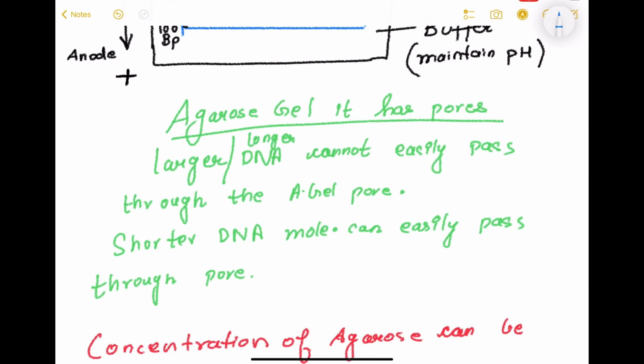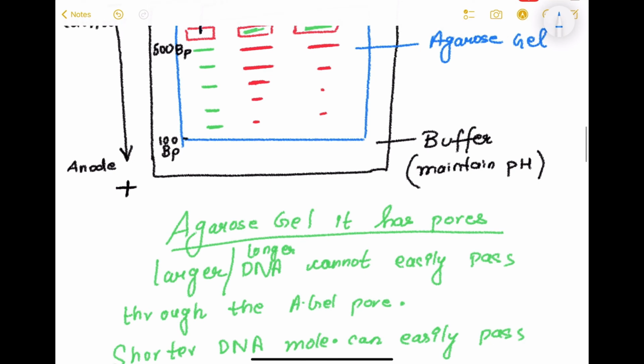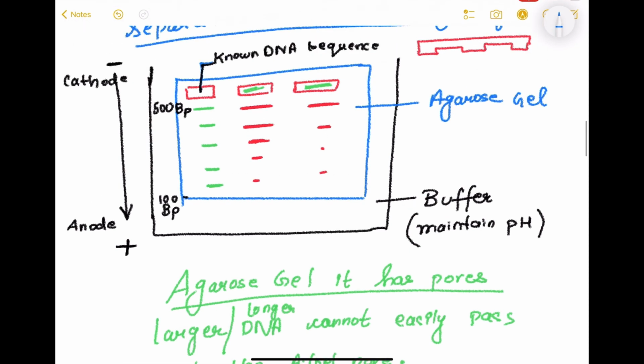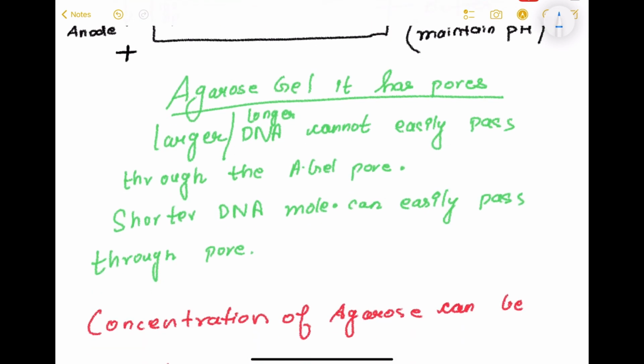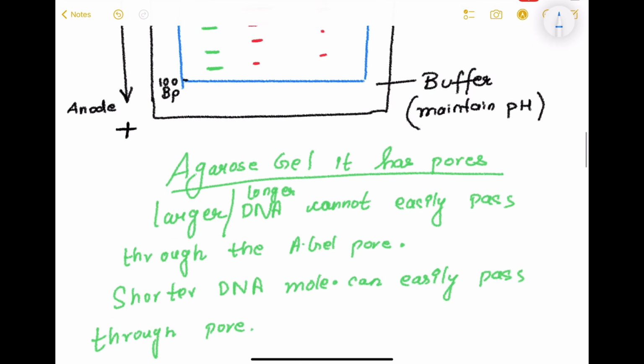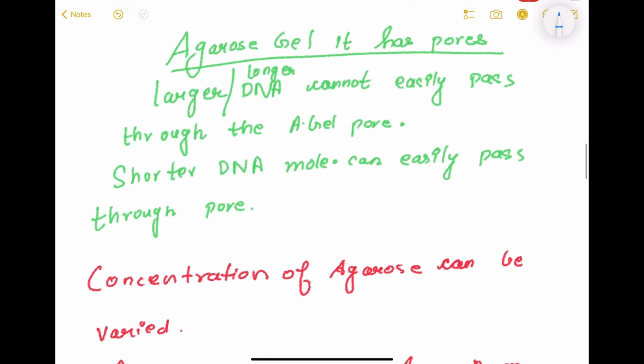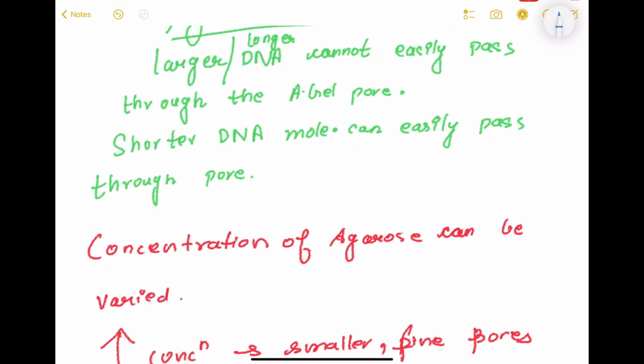Larger molecules cannot easily pass through the pores, so they remain behind, whereas the smaller DNA passes through the smaller pores present in the agarose gel. By this differential separation, we can see the concentration.